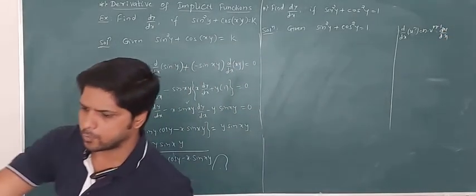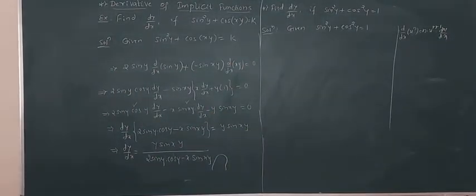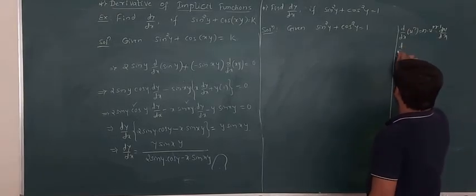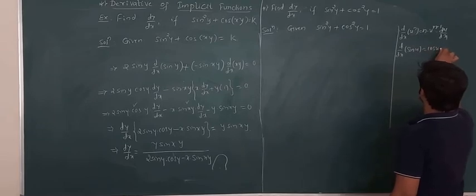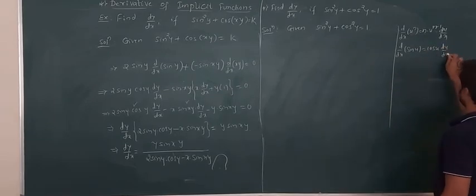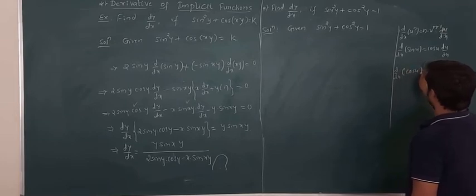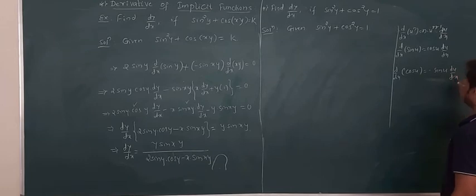And again I'm going to use the sin u formula also, that is d by dx of sin u as well as d by dx of cos u. We know that d by dx of sin u is cos u into du by dx, and d by dx of cos u is minus sin u into du by dx.